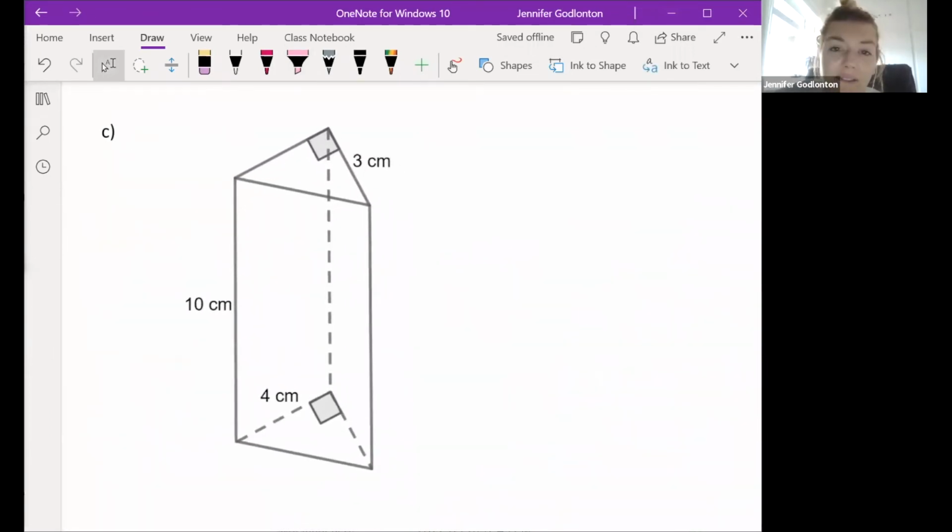This question is not tough. It's written on different levels, but other than that, it's not a hard question. You should be able to do it nice and quickly. I'm looking for the volume of this triangular prism. Yolanda, do you mind helping Kinsani? I'm not too sure what's happening there.